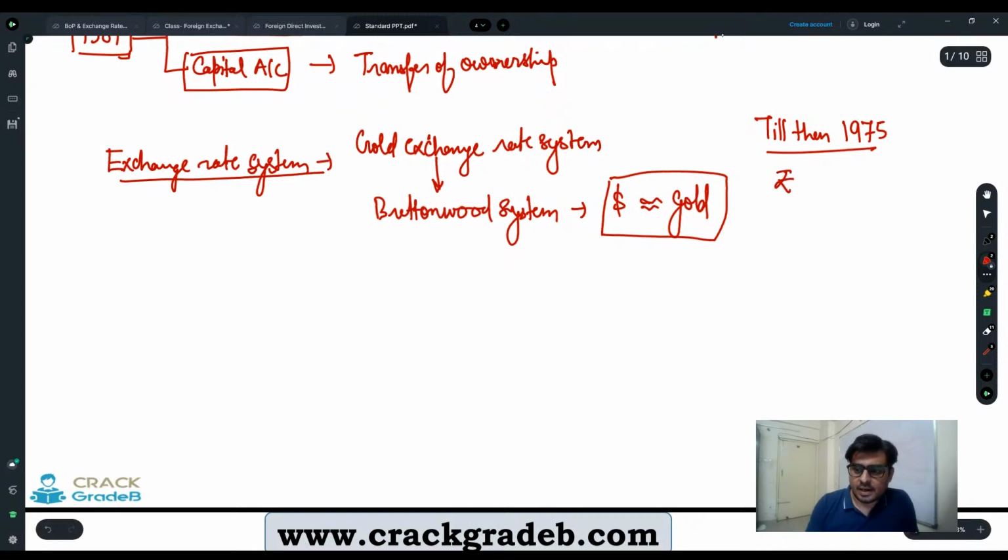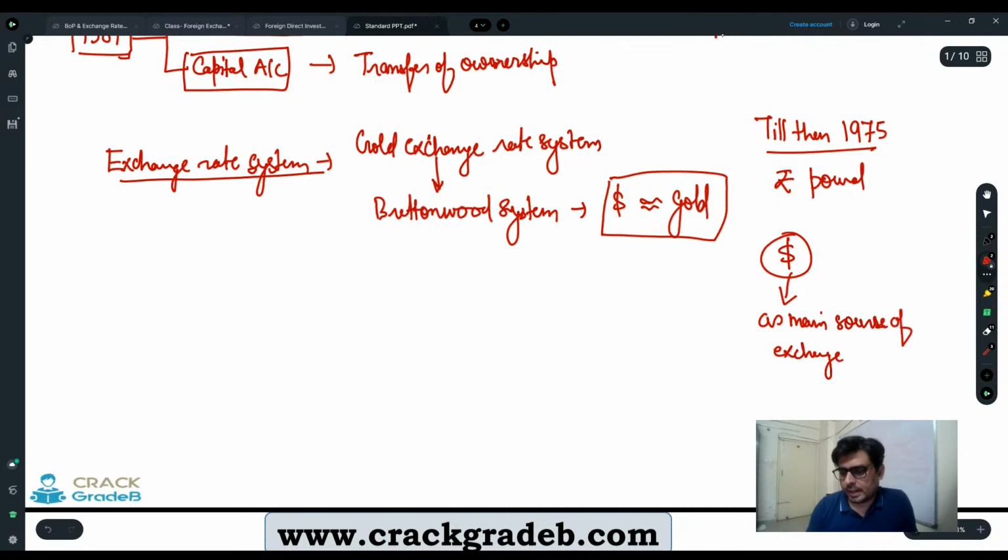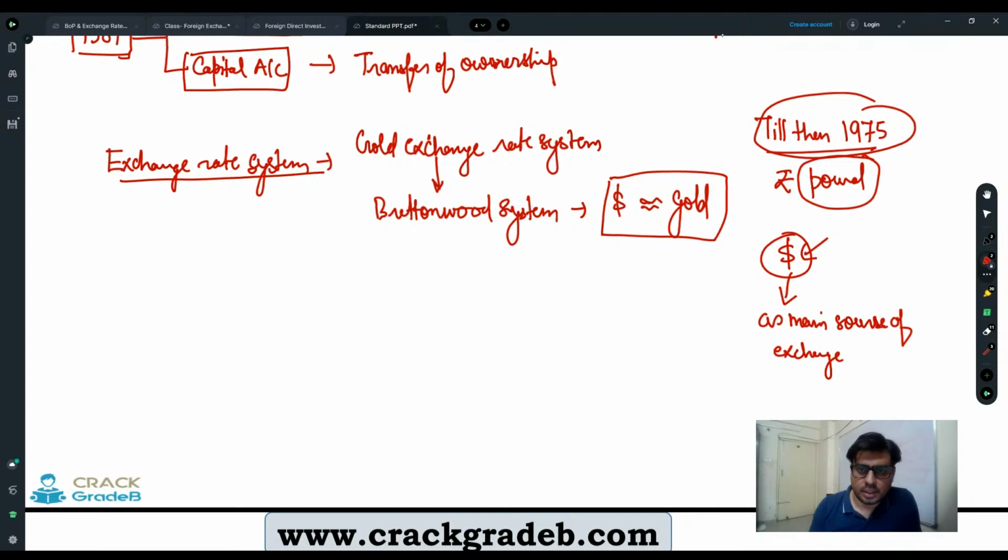was basically traded with the pound. Right now, for example, we are using the dollar as the main source of exchange, so our foreign currency reserve is basically held in dollars. Till 1975, we were using the British pound sterling for the purpose of exchange, right?